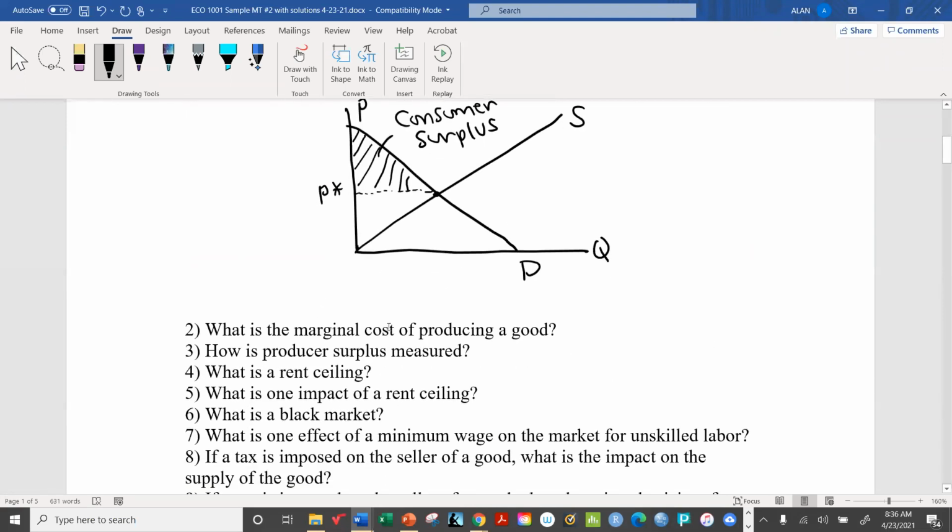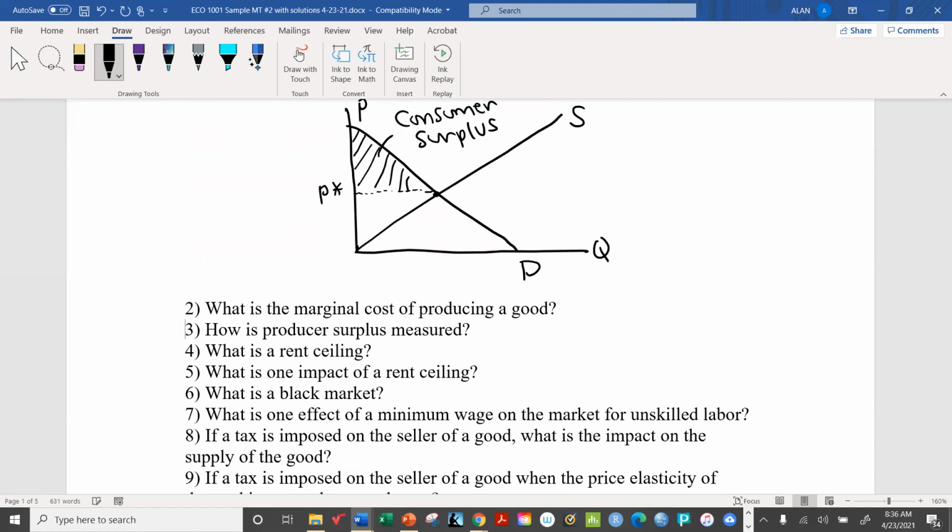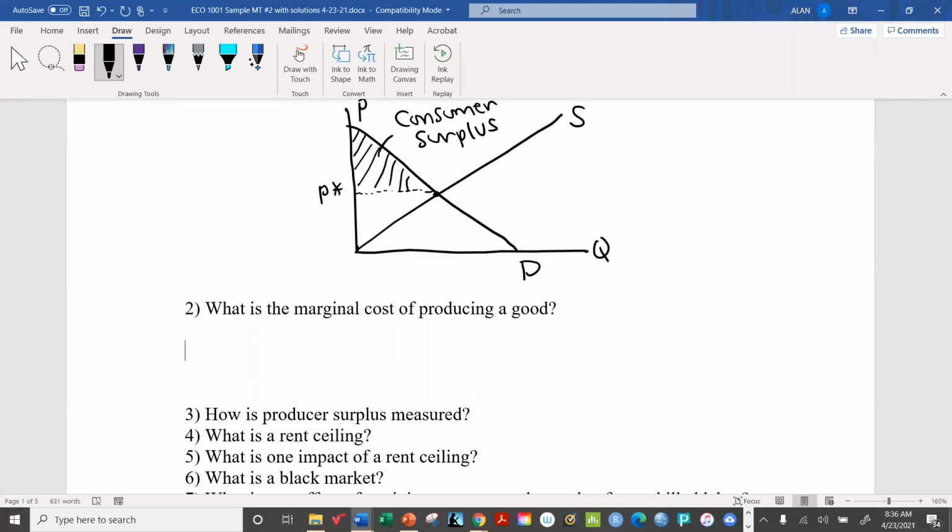Now, the marginal cost of producing a good. So what we're asking here is the cost of producing one more unit of the good. Okay, so in other words, what I should have said was this represents the additional cost of producing one more unit of the good.